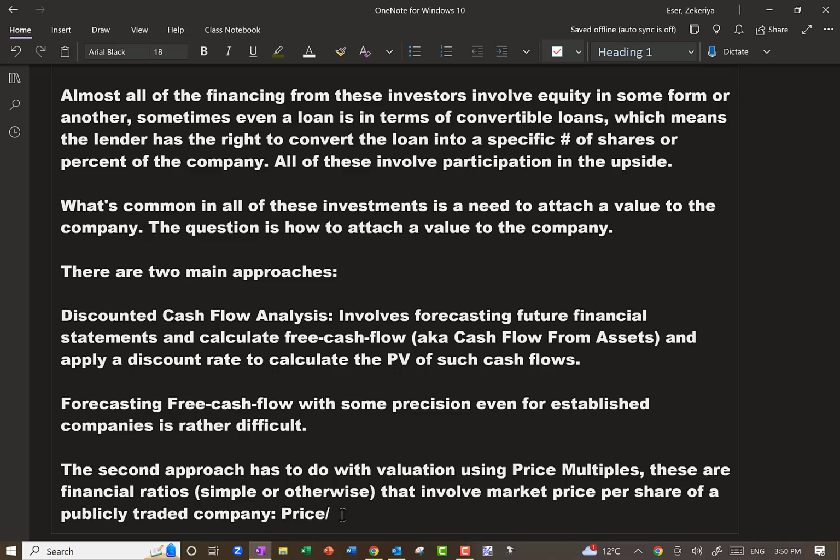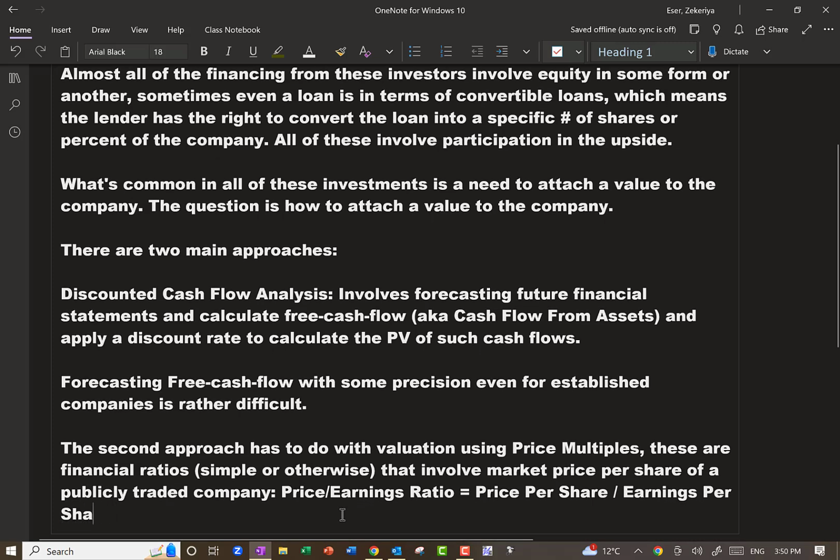Examples: price earnings ratio, which is equal to price per share divided by earnings per share, typically for a 12-month period.